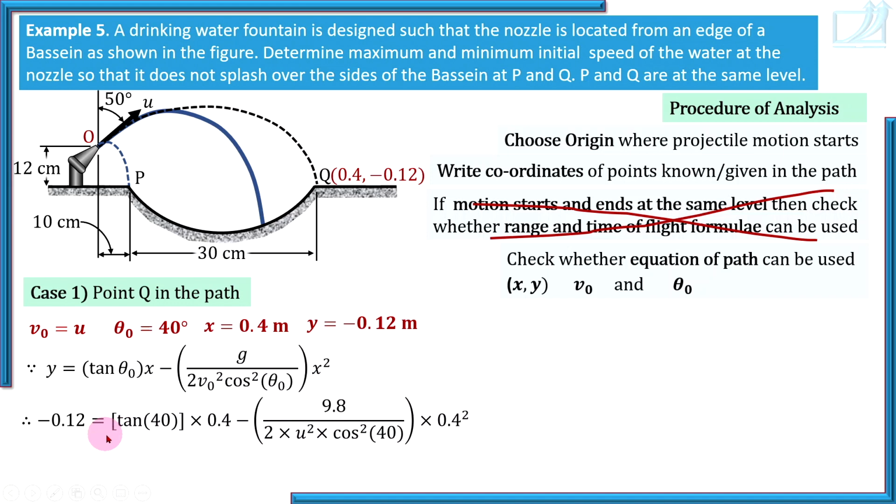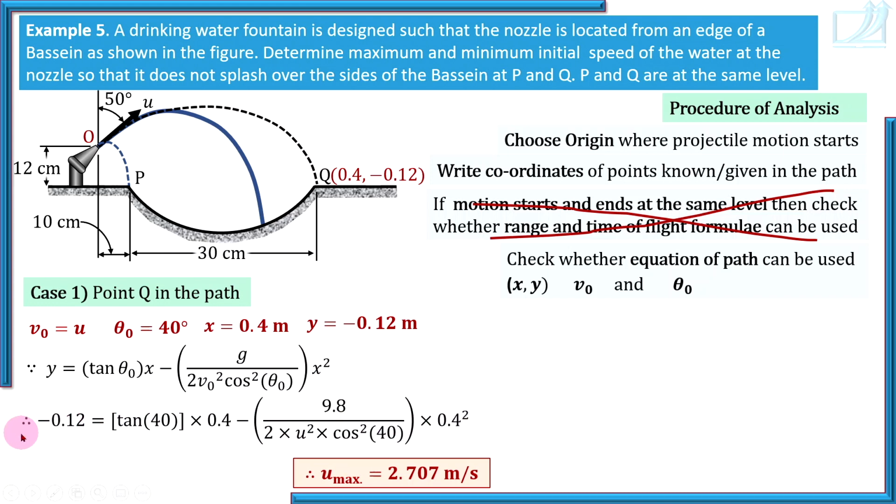So what I mean to say is, type this equation as it is using alpha key and you will get u. And because at this initial speed point Q is in the path, this is the maximum speed we can allow, 2.707 meters per second. So really speaking, it is a one step problem. But here one instruction I am giving you: sometimes to complete the calculations, the calculator takes its own time.